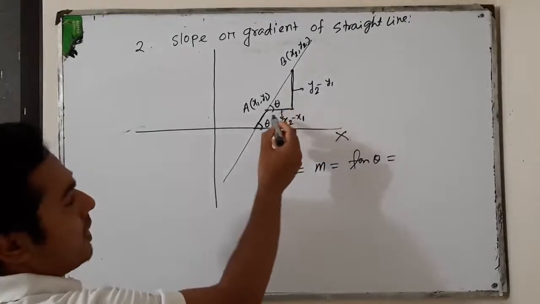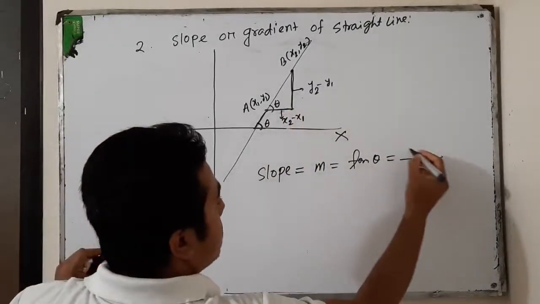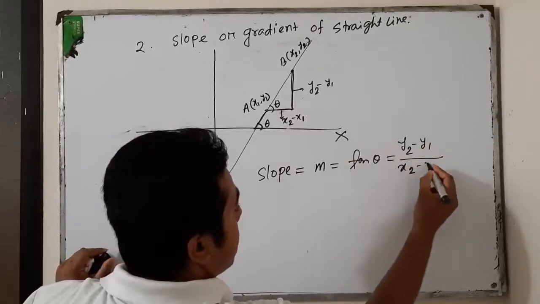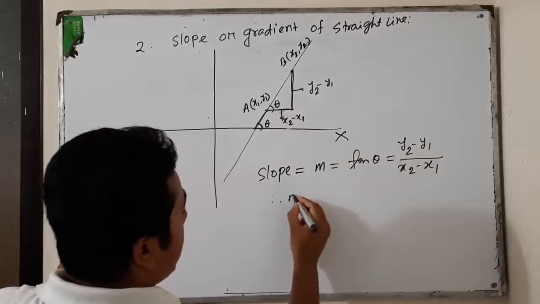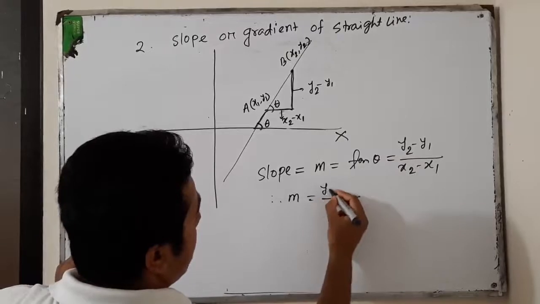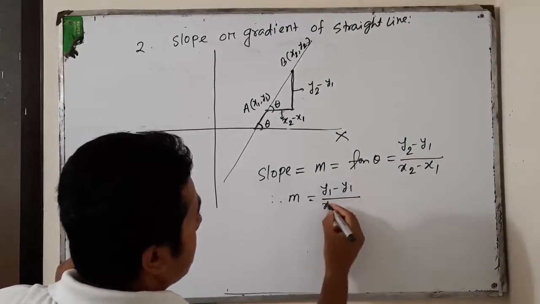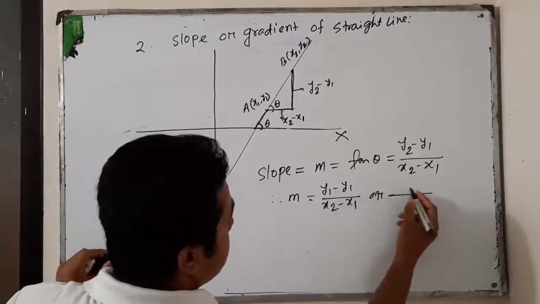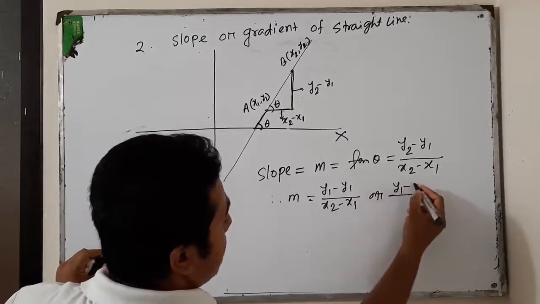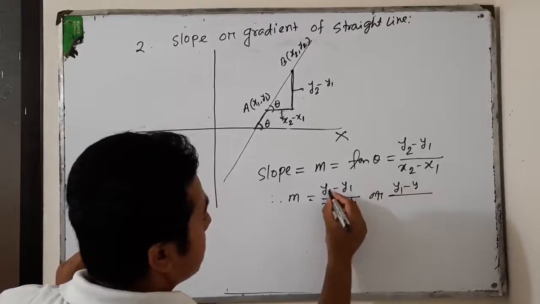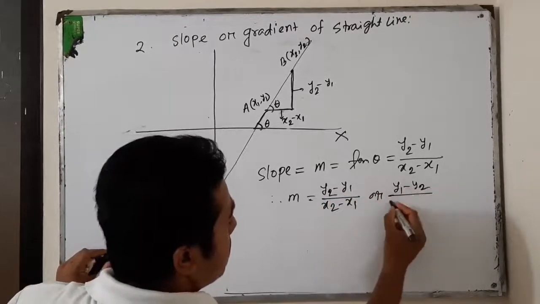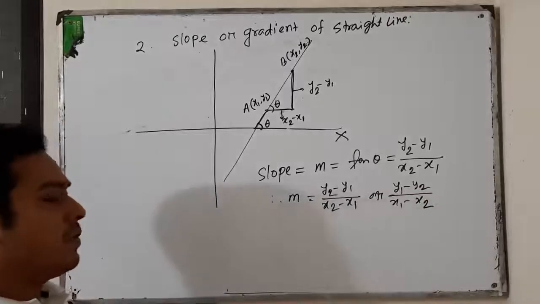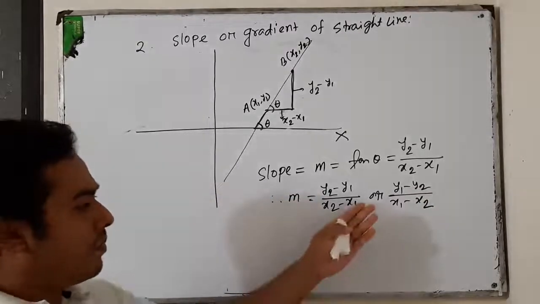So perpendicular divided by base, n is equal to y2 minus y1 over x2 minus x1, or we can write y1 minus y2 over x1 minus x2. Okay, if the two points are known, then we can find the slope this way.